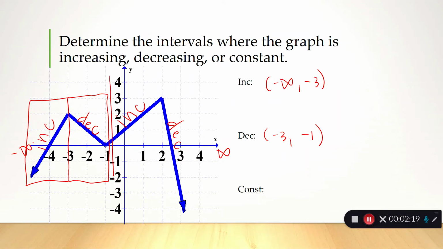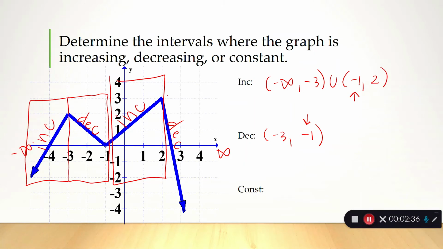Next, we're increasing right here, so that is from x equals -1 to x equals 2. Notice where this decreasing interval stopped is where I picked up the next increasing interval.